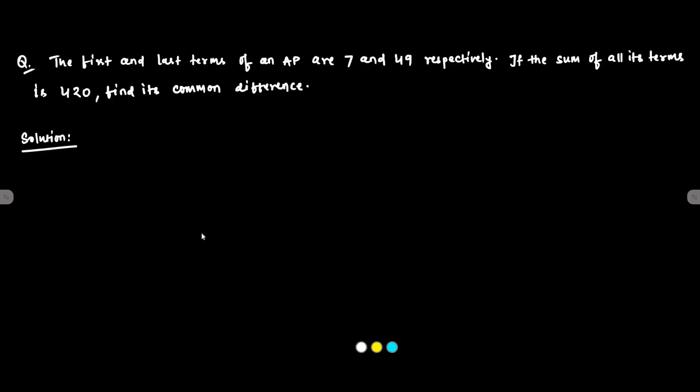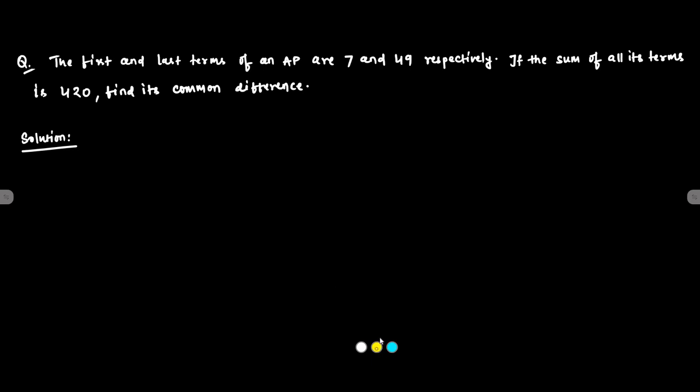So here is another question on sum of n terms of an arithmetic progression. It is given the first and last terms of an arithmetic progression are 7 and 49 respectively. If the sum of all its terms is 420, find its common difference.